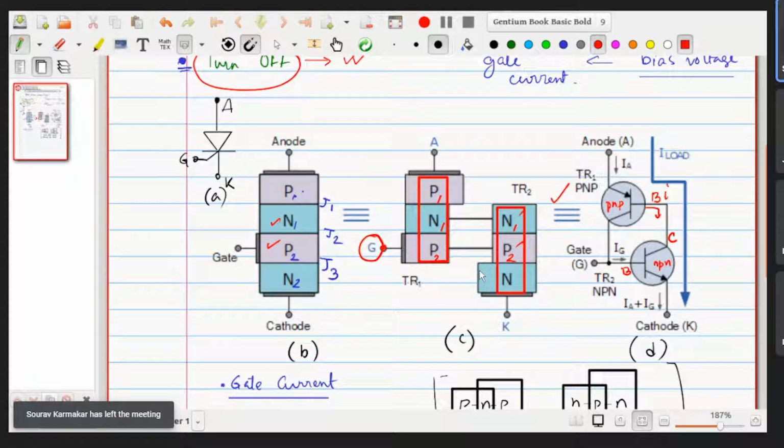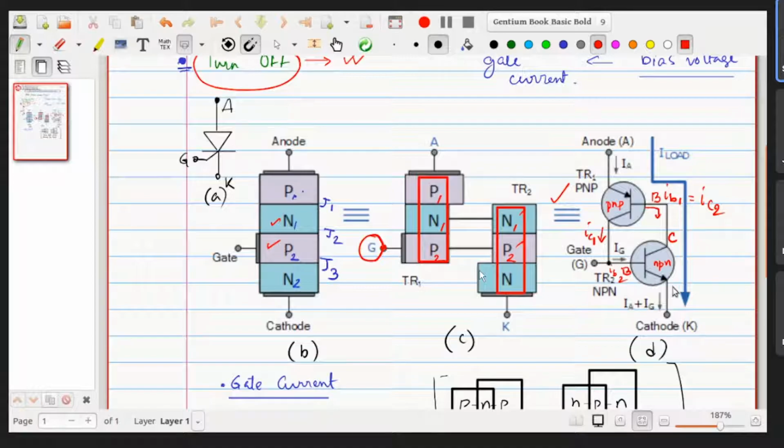this current is like IB1, which is equal to IC2. So the base of the first transistor is becoming the collector for the second. And this is the collector current of the first transistor, which is becoming the base current of the second.